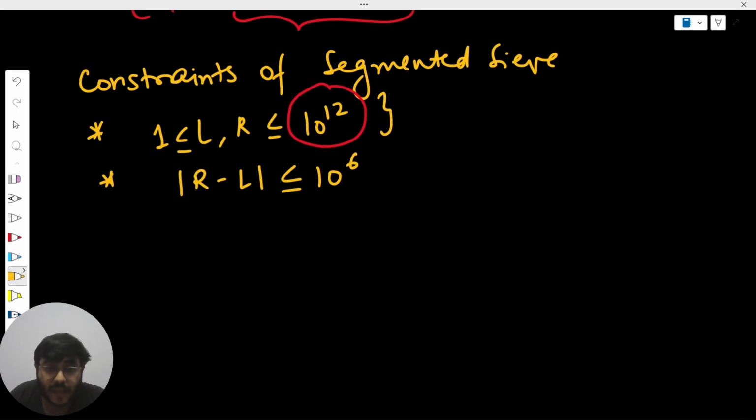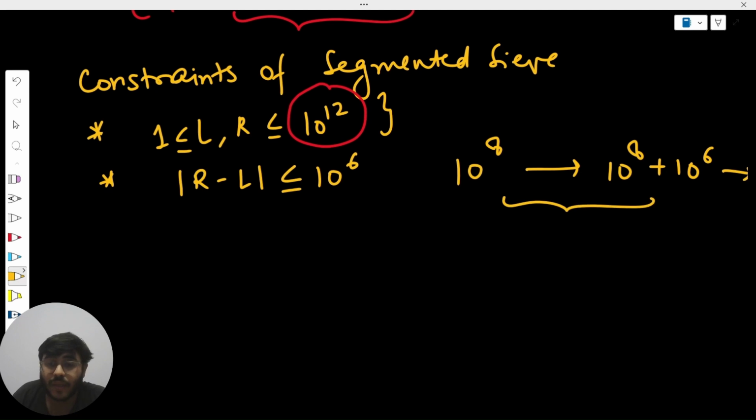Let's say you had 10 to the power of 8, then you can only check up to 10 to the power of 8 plus 10 to the power of 6, not beyond that. Even when you are dealing with bigger numbers, the range difference should always be upper bounded by 10 to the power of 6. It should not go to 10 to the power of 8 or 10 to the power of 9. The difference between R and L should always be less than or equal to 10 to the power of 6, because that is the maximum you can define as an array size, right?